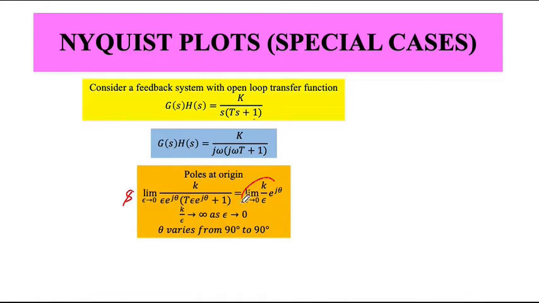For s, theta varies from minus 90 to plus 90, and in the denominator theta becomes minus theta, so it varies from positive 90 to negative 90.